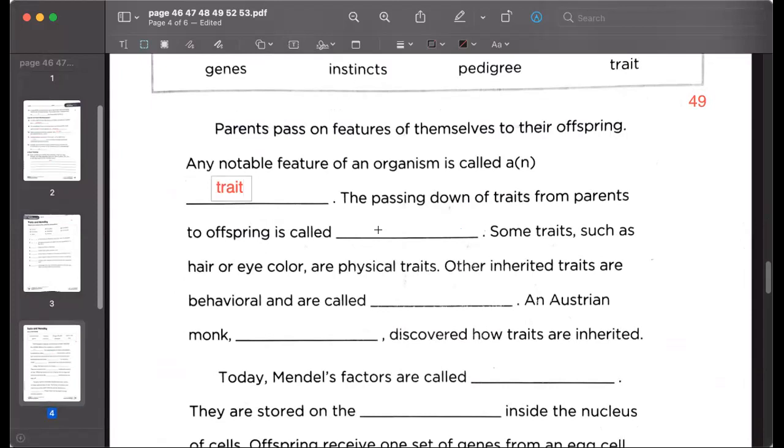Second one, here you need to write the correct answer, heredity. Third one, on your workbook page number 49, instinct.